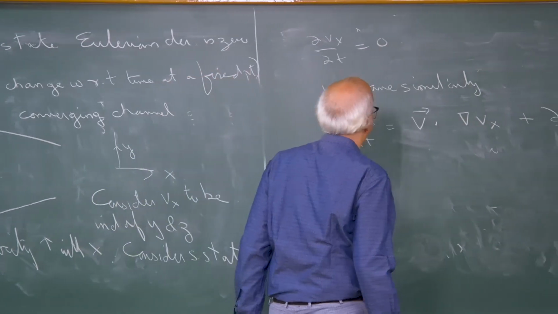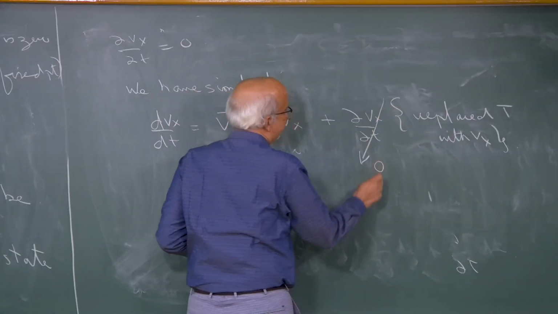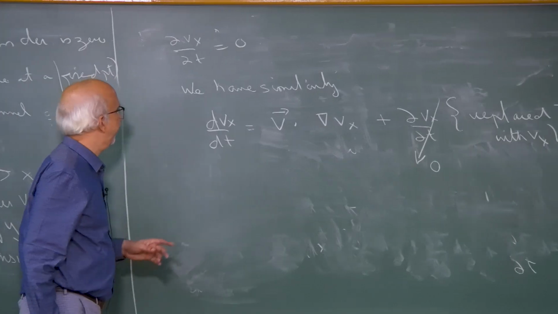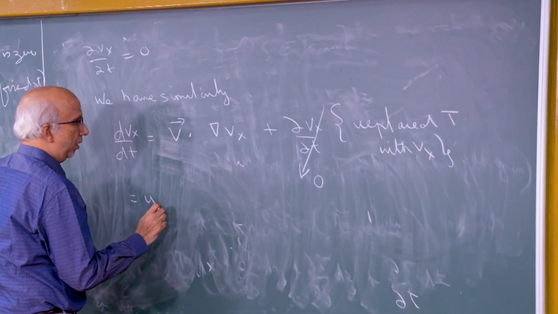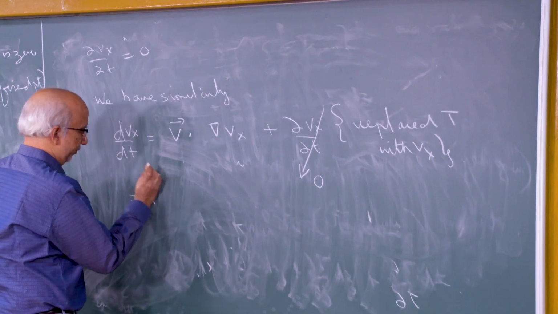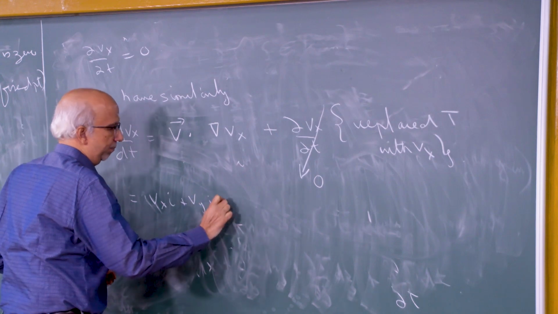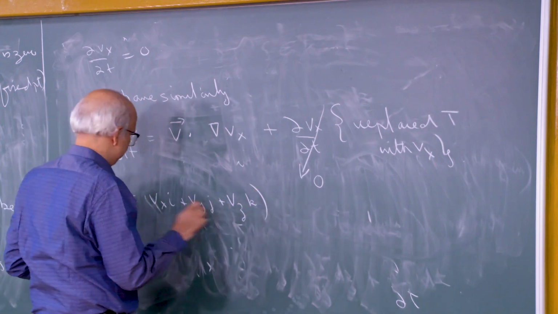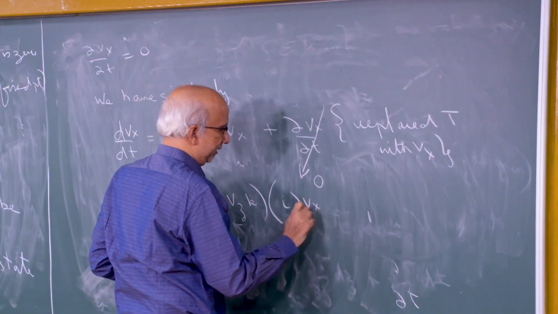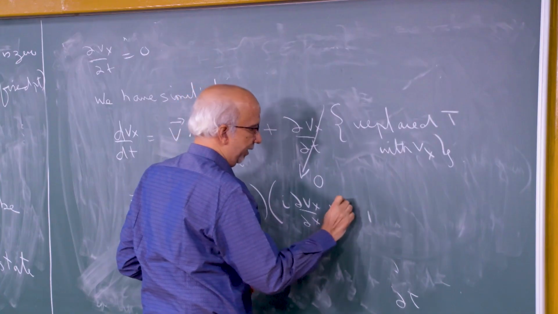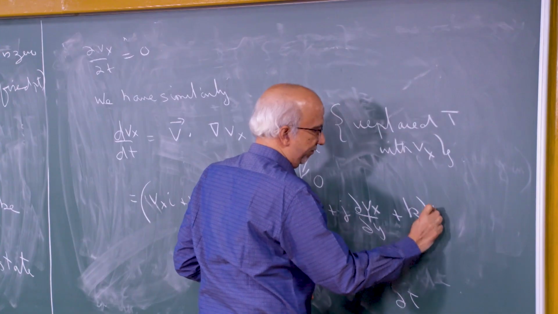So now, because of the steady state assumption, this term goes to 0. Okay. And what is this going to be? Vx i plus Vy j plus Vz k, that is your velocity vector, and the gradient of Vx is i dVx by dx plus j dVx by dy plus k dVx by dz.